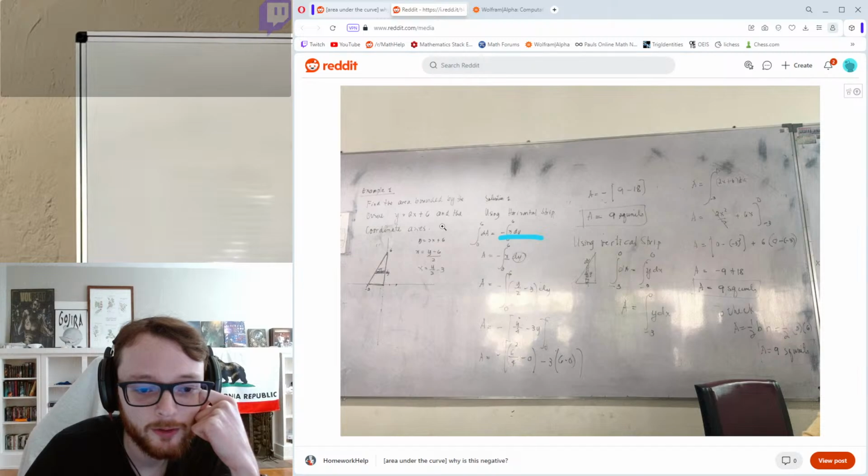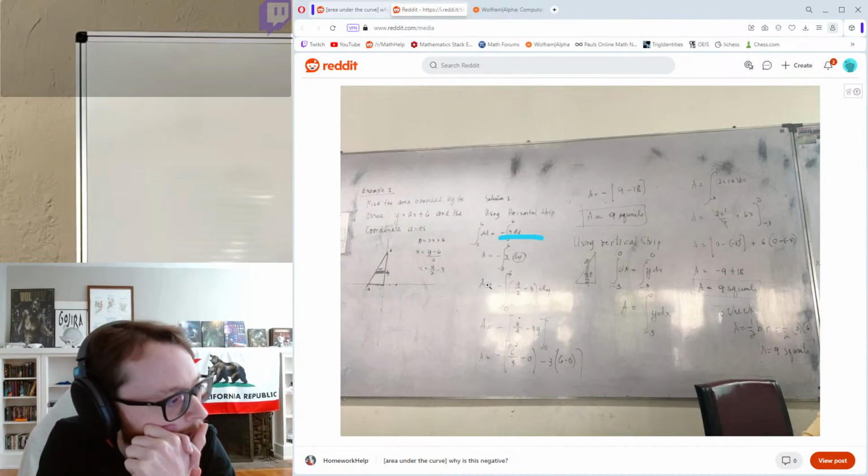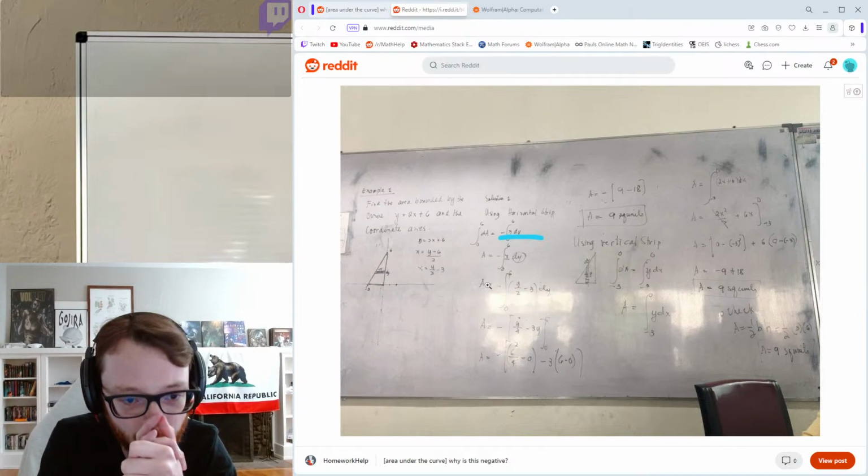Why would it be negative though? Because we're in the negative x-axis? Shouldn't that be accounted for by the equation of the line though?